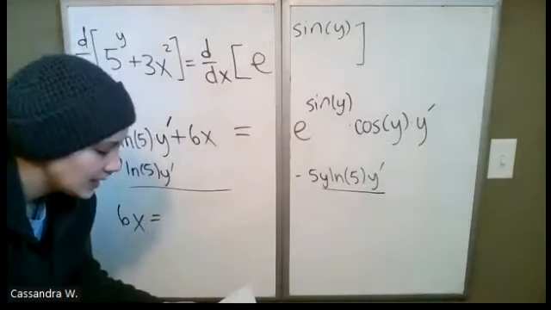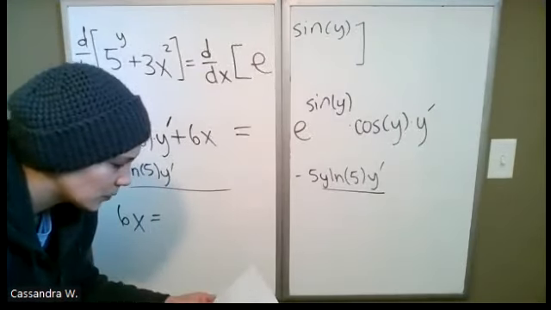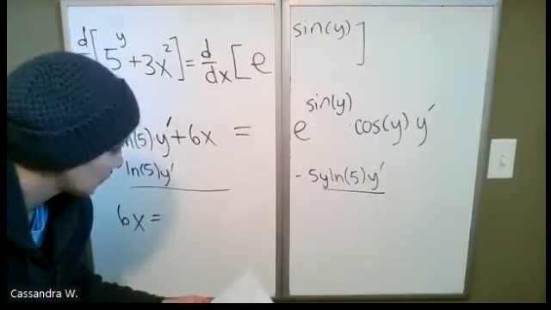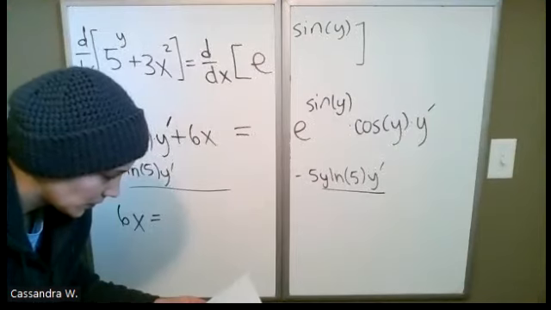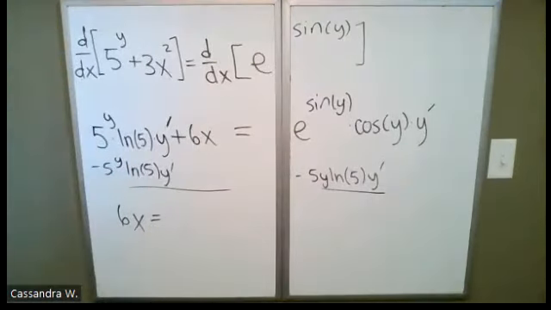And let's see, when I did this, I subtracted the 6x and then I minus this e to the x. We're going to get the same answer anyway. Okay, let's do this.